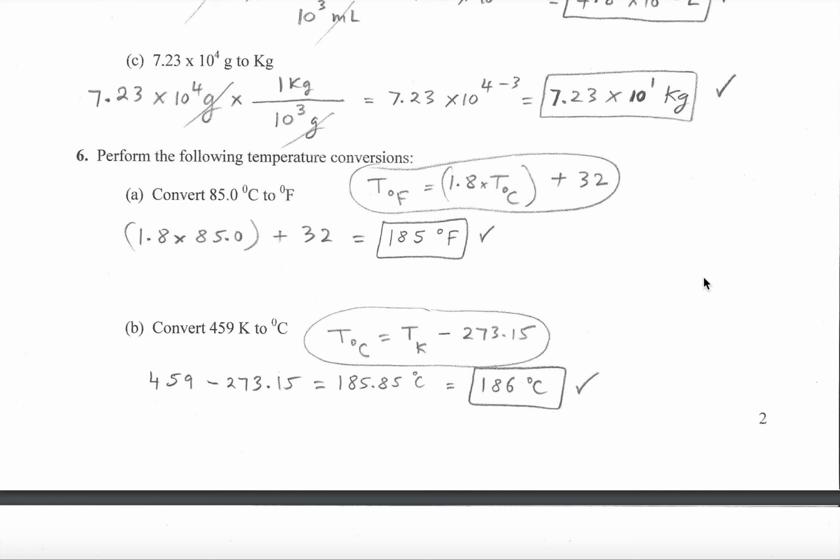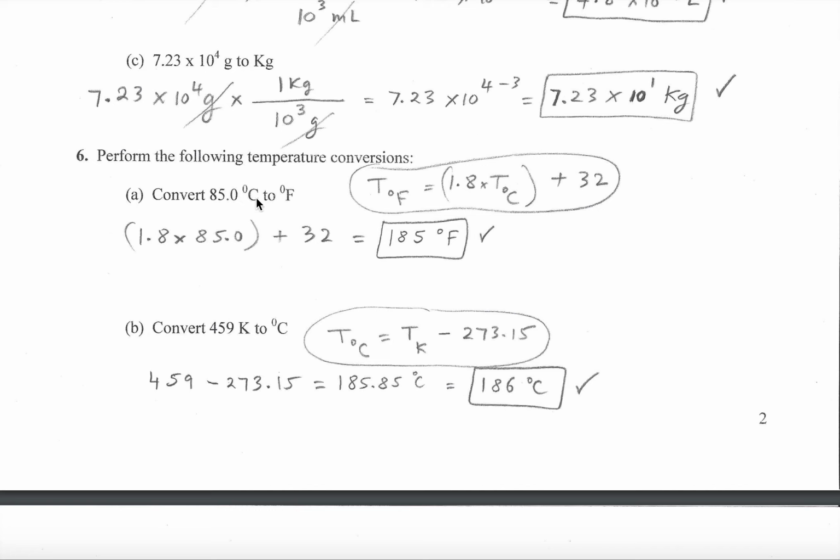More conversions. These are the temperature conversions. So for chapter 1: unit conversions, temperature conversions, density, and heat calculation. Those are the key topics, the key concepts and skills that we need to be able to do. For temperature conversion, there's a formula for every conversion.